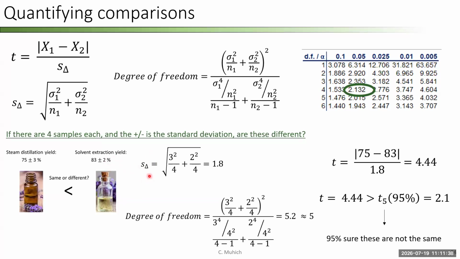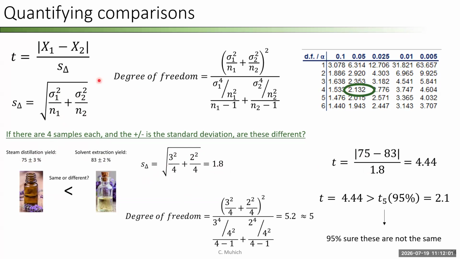We start out by calculating S delta. We have a standard deviation of 3. I have 4 samples, so I put in 3 here, 4 here. In terms of solvent 2, we had a standard deviation of 2, once again 4 samples.